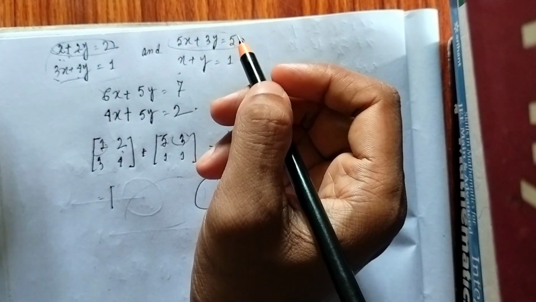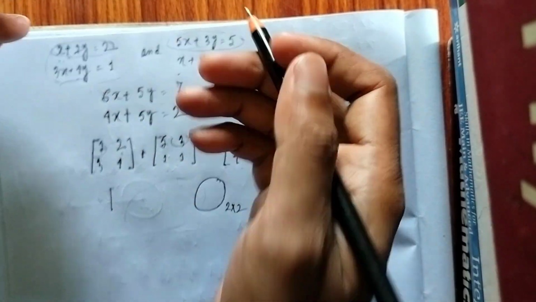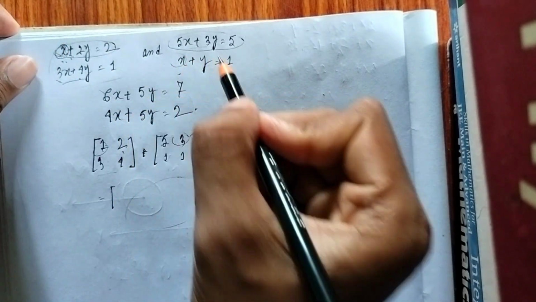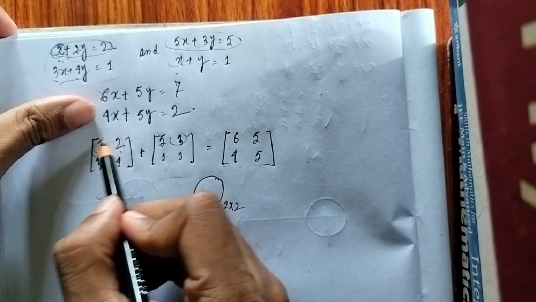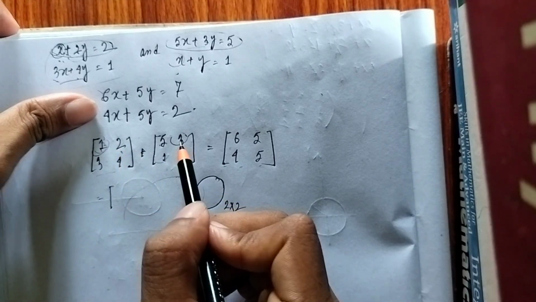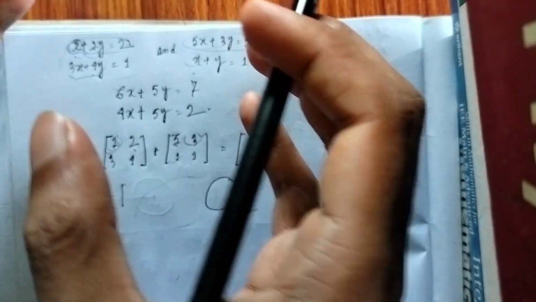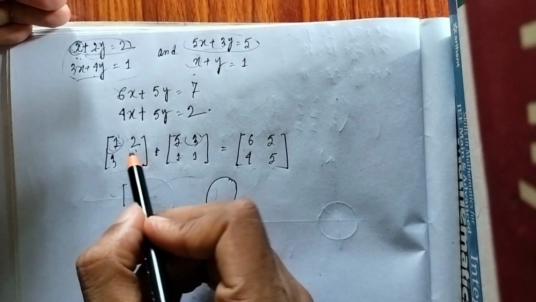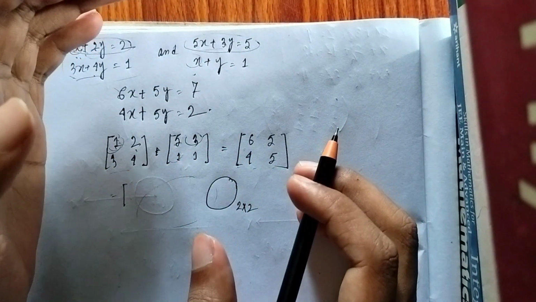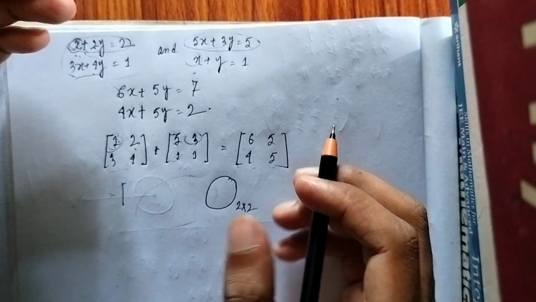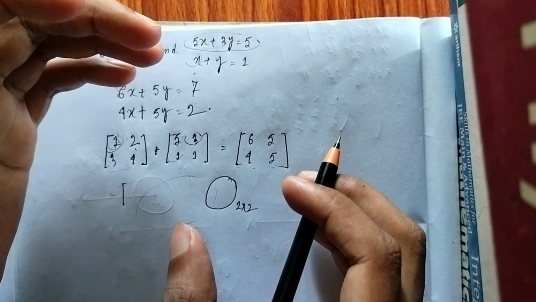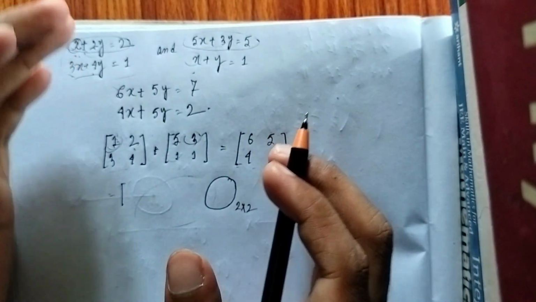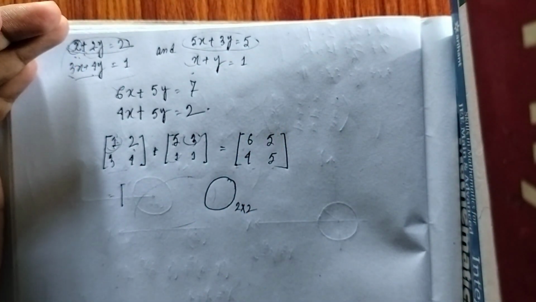Another possibility is adding this x with this x and this one with this one, but that is very messy. If we have a simpler form which is definable, why not define that? This is the simplest thing, it is closed, and it ultimately gives us a pair of lines again, which I can write in matrix form. That's why Arthur Cayley took this operation, not other operations.